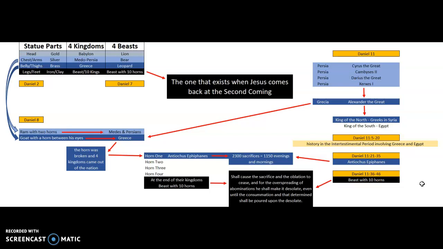And as you can see, Rome is not in here. It may be mentioned in Daniel 9. We'll see. But for the purpose of the statue and the kingdoms and the beasts and how all of these things factor into the chapters in the book of Daniel, these are how it all works.